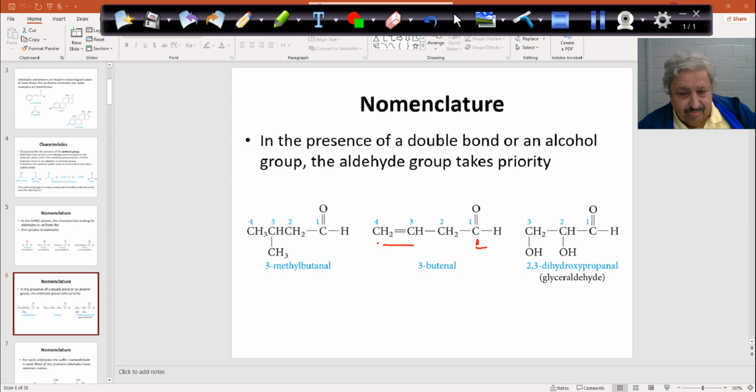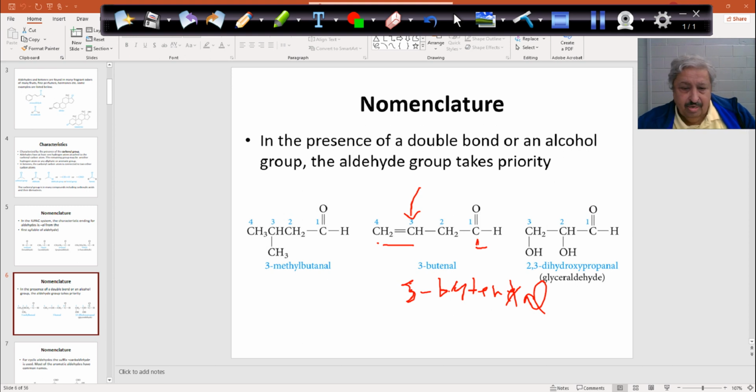The numbering of the double bond starts at 3, so it will be 3-butene. Take the E out, add AL: butenal. If it's a triple bond, it will be butyne; take the E out, butynal.